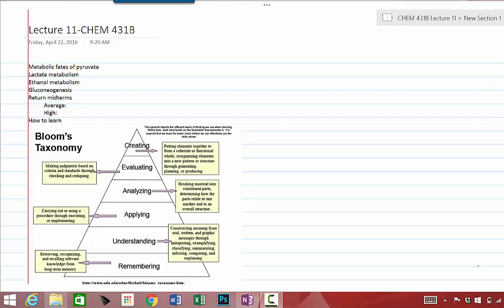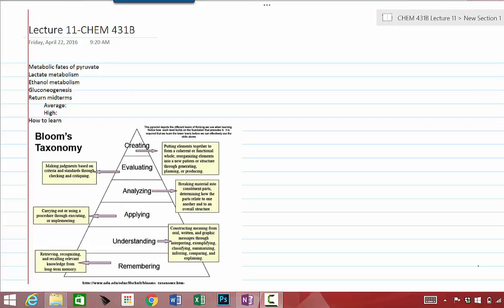Welcome everybody, happy Friday. Today we'll talk about the metabolic fates of pyruvate. Pyruvate is the final product of glycolysis, starting from glucose. When I say metabolic fates, pyruvate can be used for a number of other reactions that go on in the cell. One is to produce lactate.